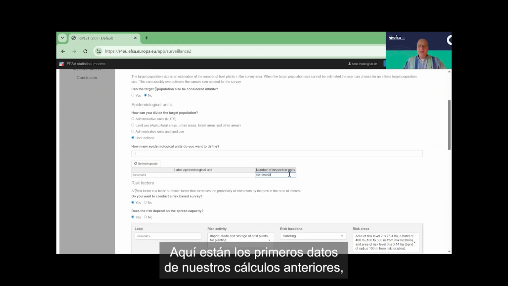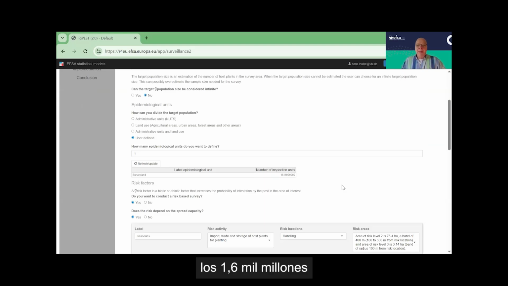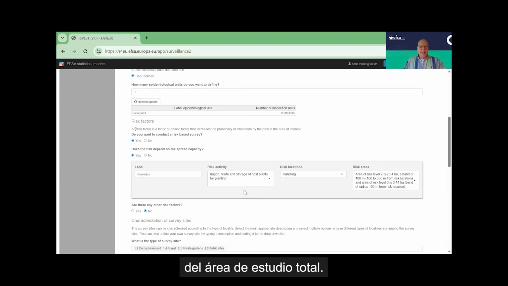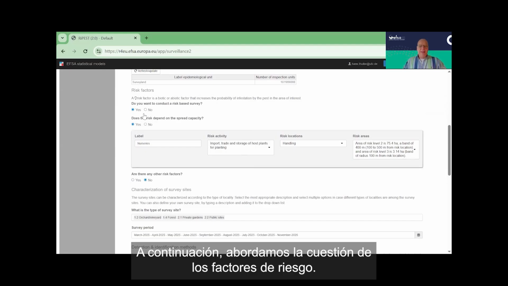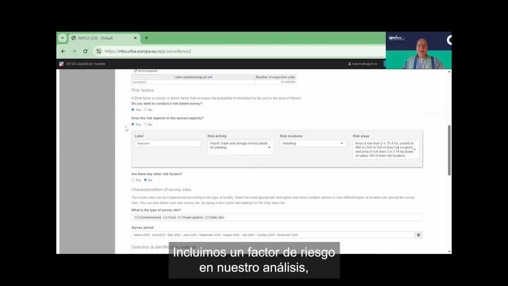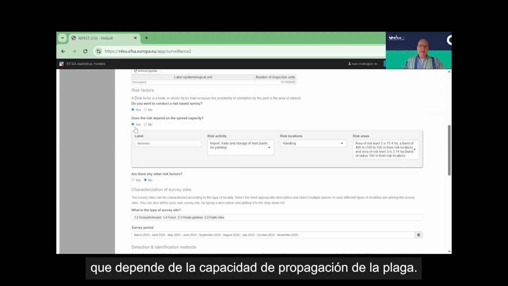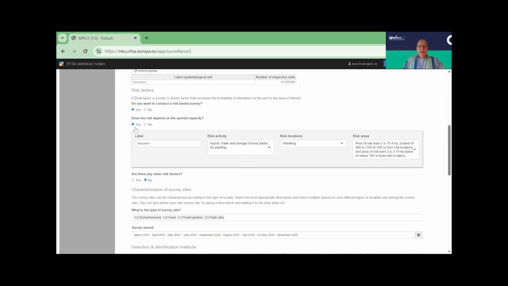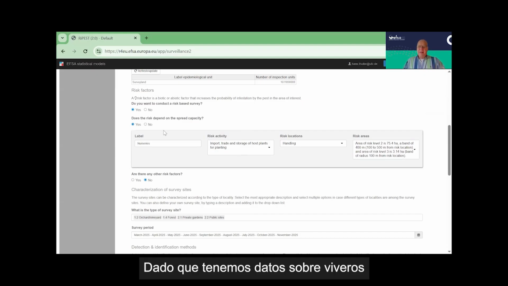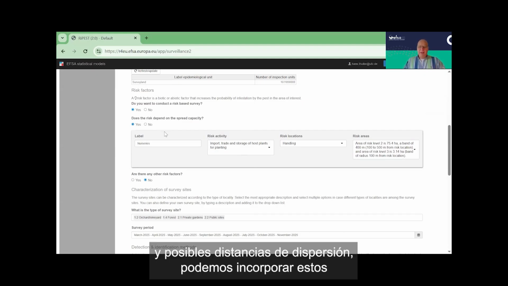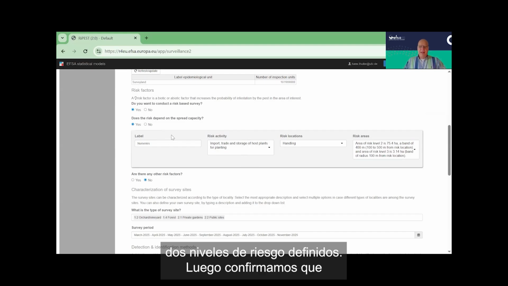And here you see the first data that we have to put in from our calculation. These are the 16 billion trees that we have in Surveyland in total, the non-coniferous trees. Then the question of the risk factors is addressed by saying that we want to have a risk factor included in our consideration, and that this risk factor is dependent on the spread capacity. That we have to say because we have the data around the nursery and the distance potentially spread, including these two risk levels that we have.